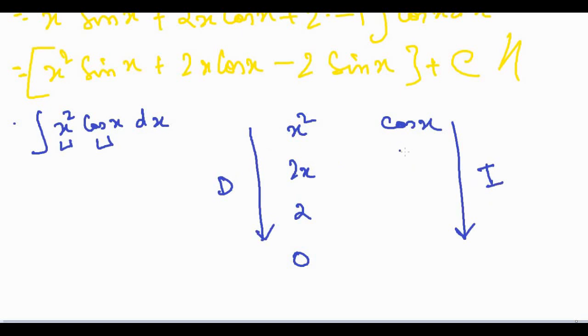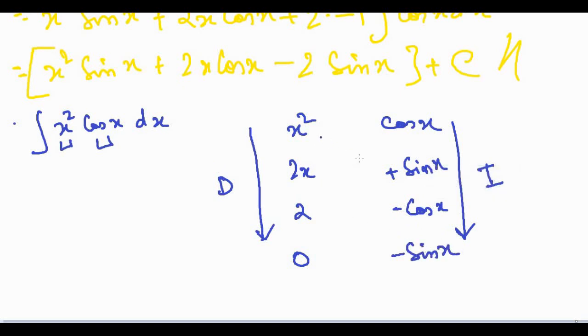Similarly I have taken the derivative of this, and now I am going to take integrals of the other function. Integrating cos x will give me sin x, since d/dx of sin x is cos x. Now if I take the integral of sin x, I will get minus cos x, and the integral of minus cos x will give me minus sin x.